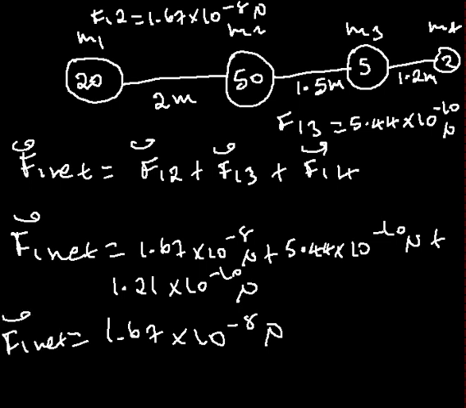So this is the F1 net. Now this is how you have to understand it. The magnitude of the force on mass 1 is given as this. The magnitude corresponds to F1 net without being given as a vector, which is the same as this value.